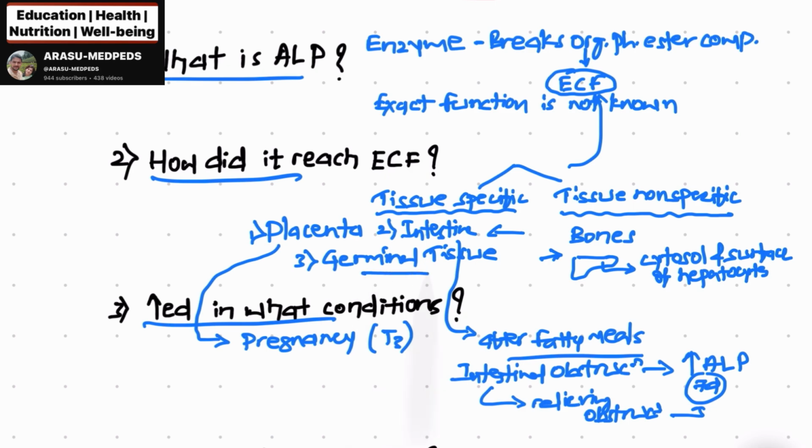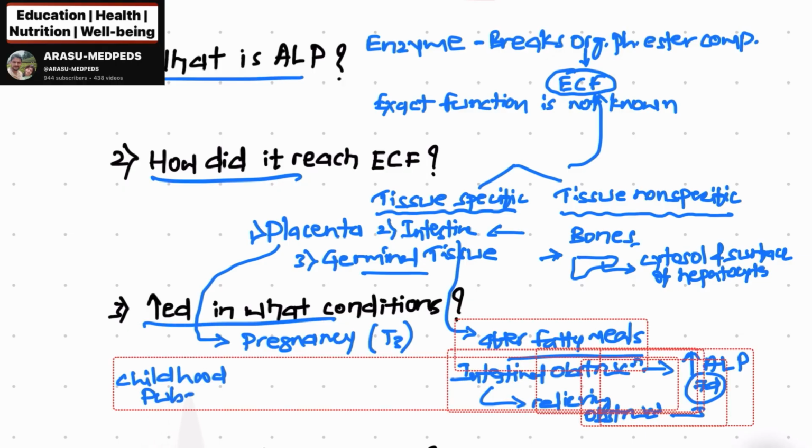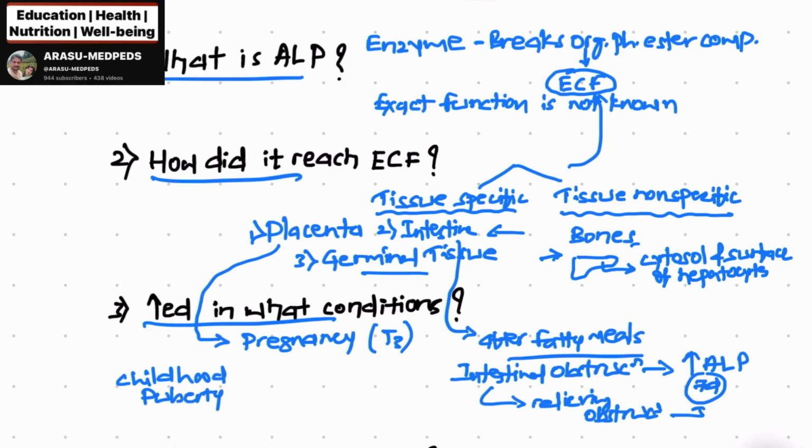Coming to germinal tissue and the bones, we can consider conditions such as childhood and puberty. In these conditions, because of bone growth, we can observe raised levels of alkaline phosphatase.